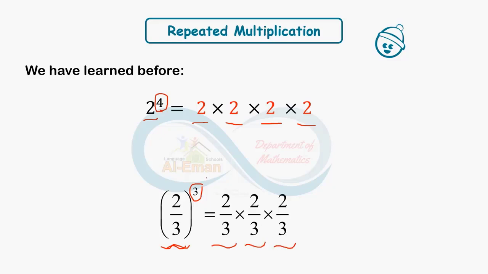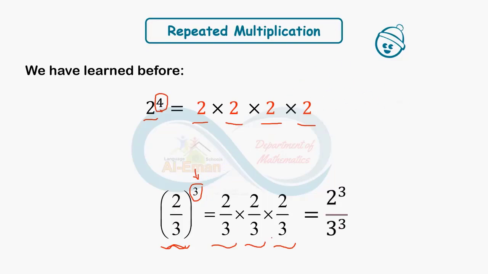Why 3? Because our power here is 3. So if our power or index is 4 or another number, we will multiply the base by itself that many times.